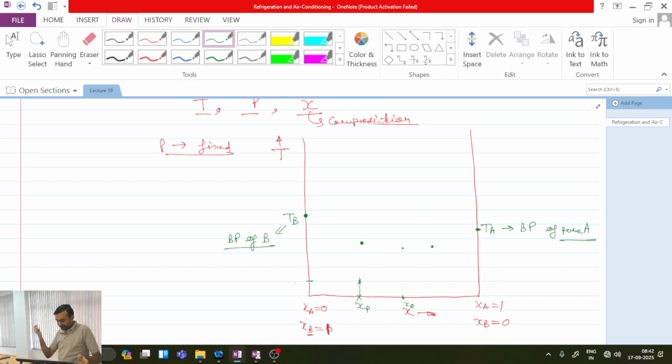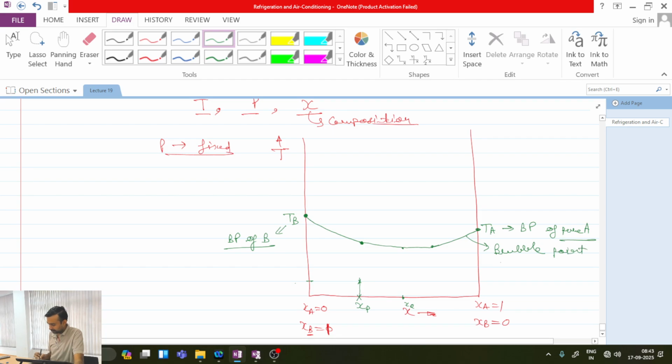Okay, so if I join, for all the compositions, the locus of these vapor bubble points, then I will get a curve which is called the bubble point curve or saturated liquid curve.